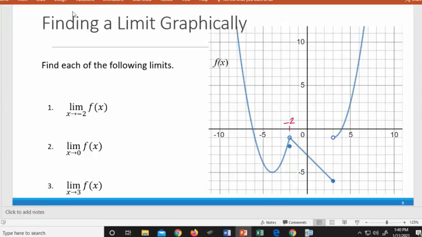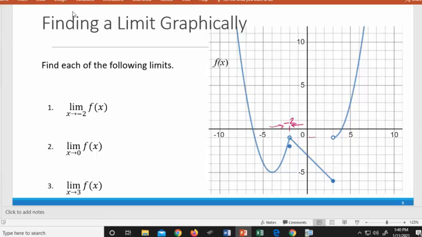Okay. So we look from the left. We look from the right. What are the y values approaching? -1. Now, is this limit the function value at x equals -2? Is the limit the same as the function value there?